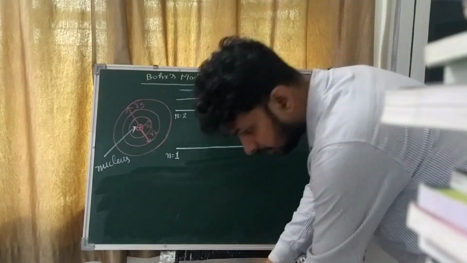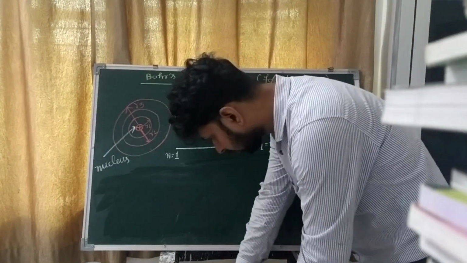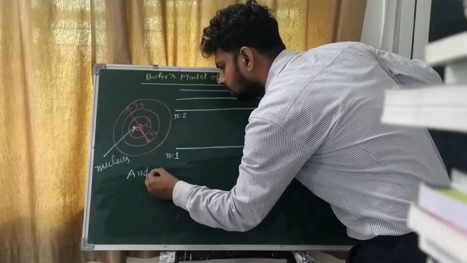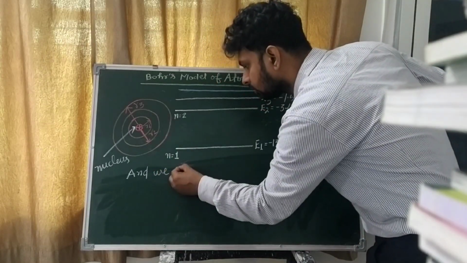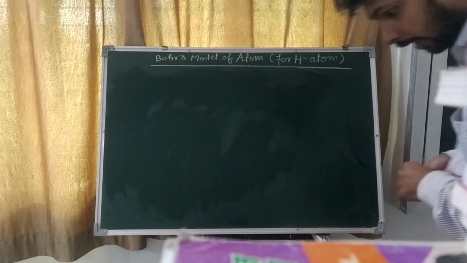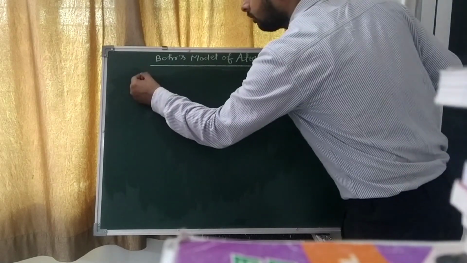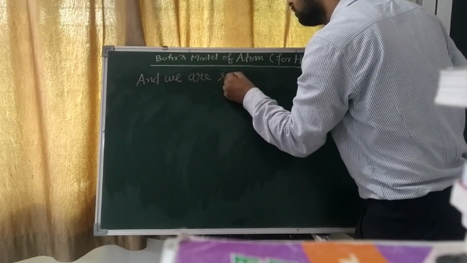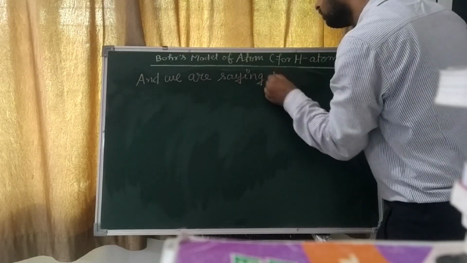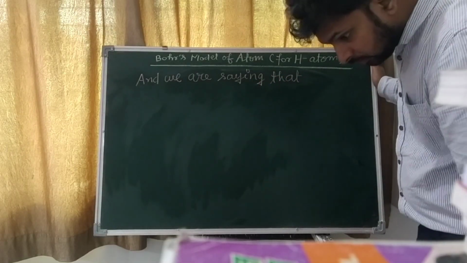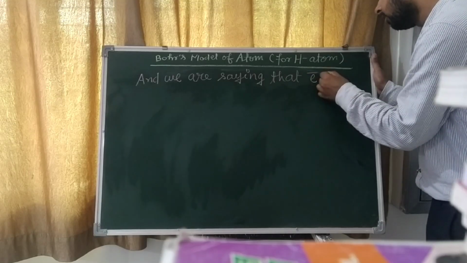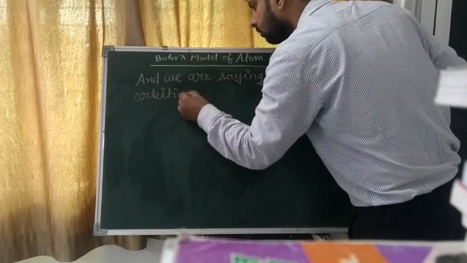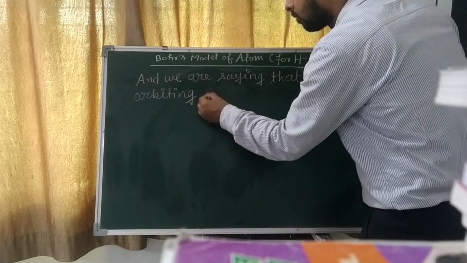So if we are saying that the electron is orbiting at R1.